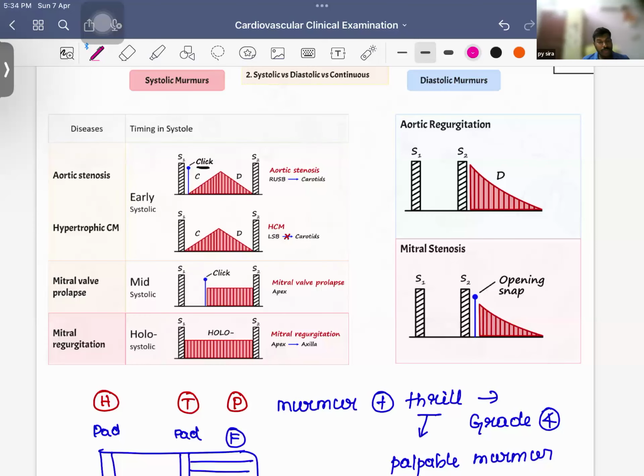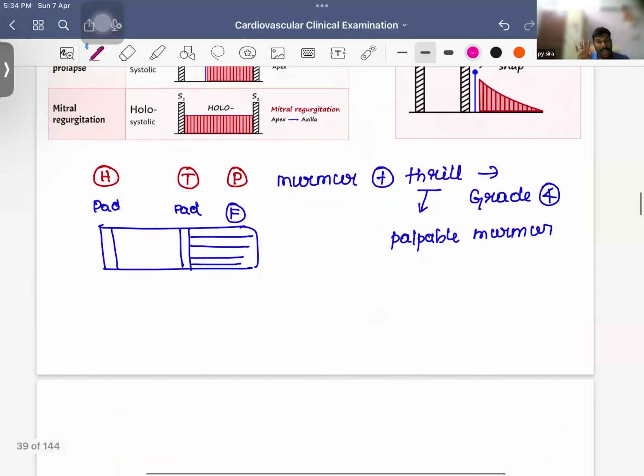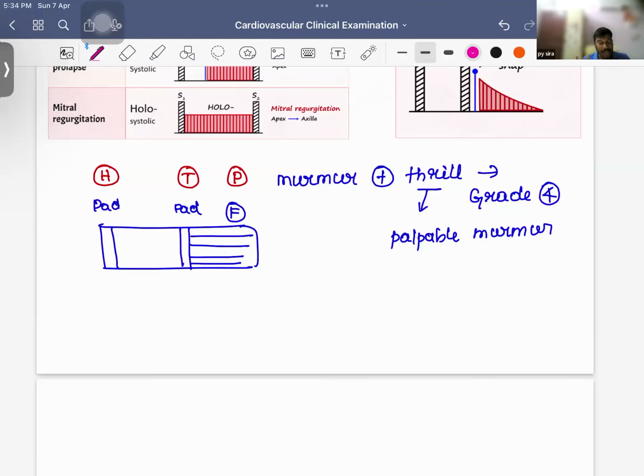Okay, more than enough. Then coming to the hand of the patient. The hand has the tip of the fingers, the base of the fingers, and the heel of the hand.